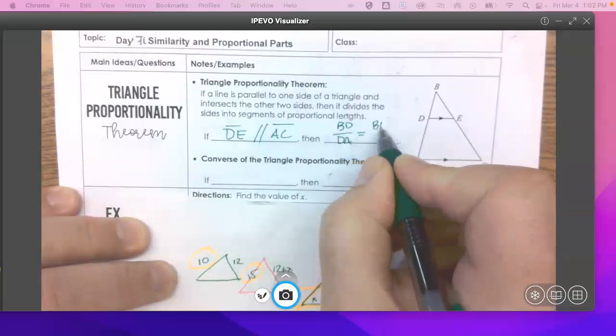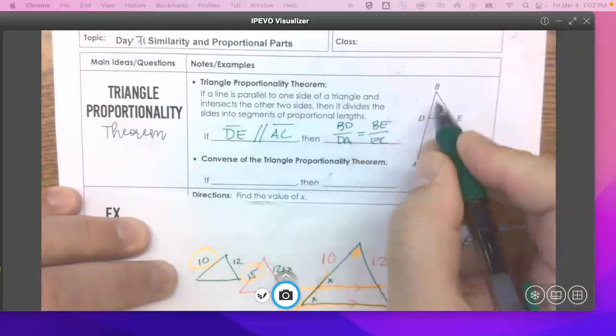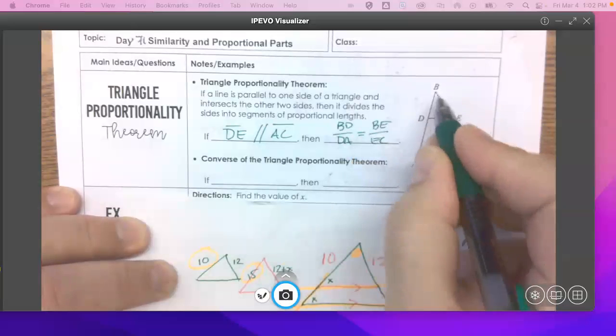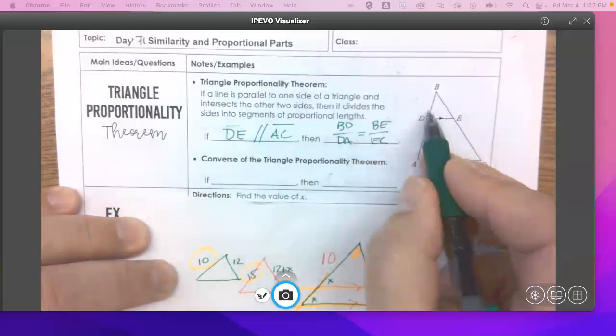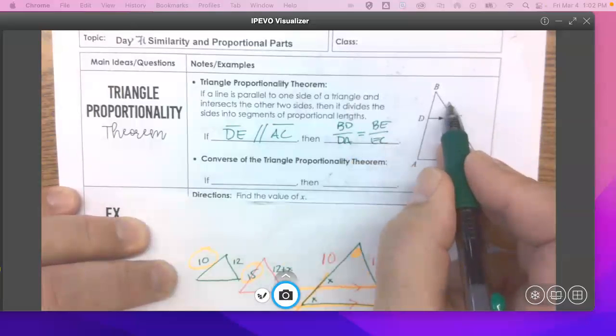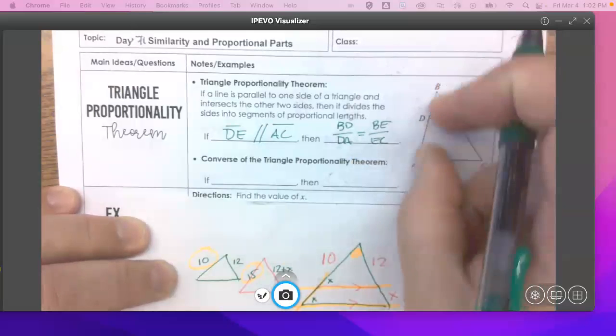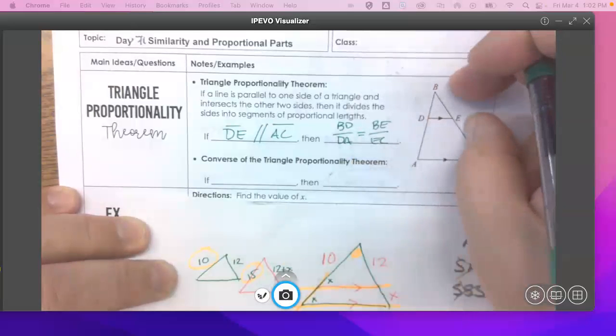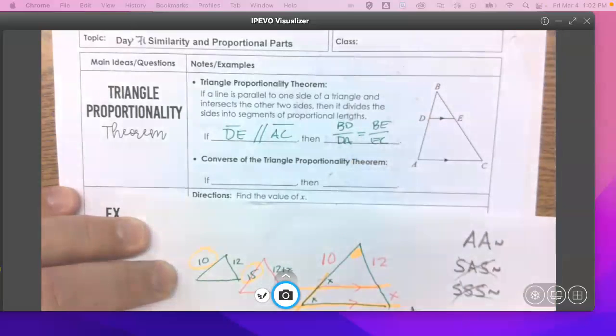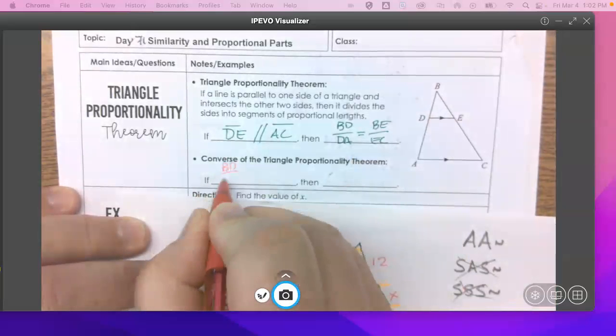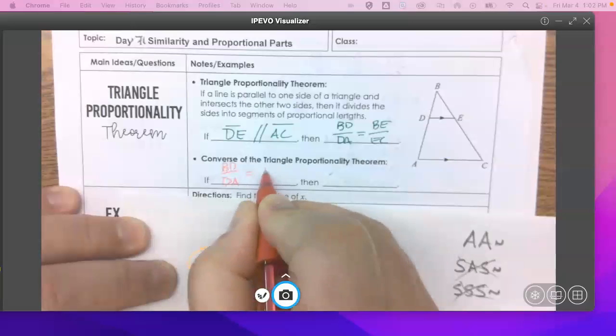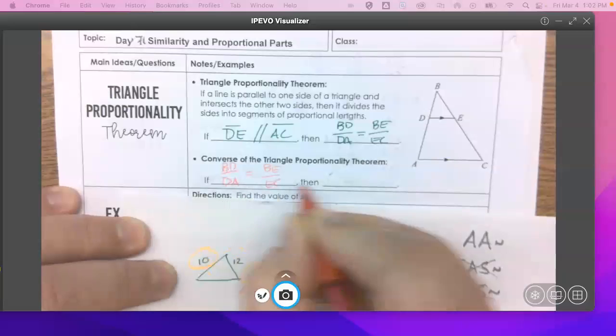Excellent. This split is going to be proportional to this. It's not that BD and BE will be the same, but that the ratio of this to this will be the same as the ratio of this to this. And it turns out the converse works as well. If in fact they are split proportionally, then the line that split them must in fact be parallel.